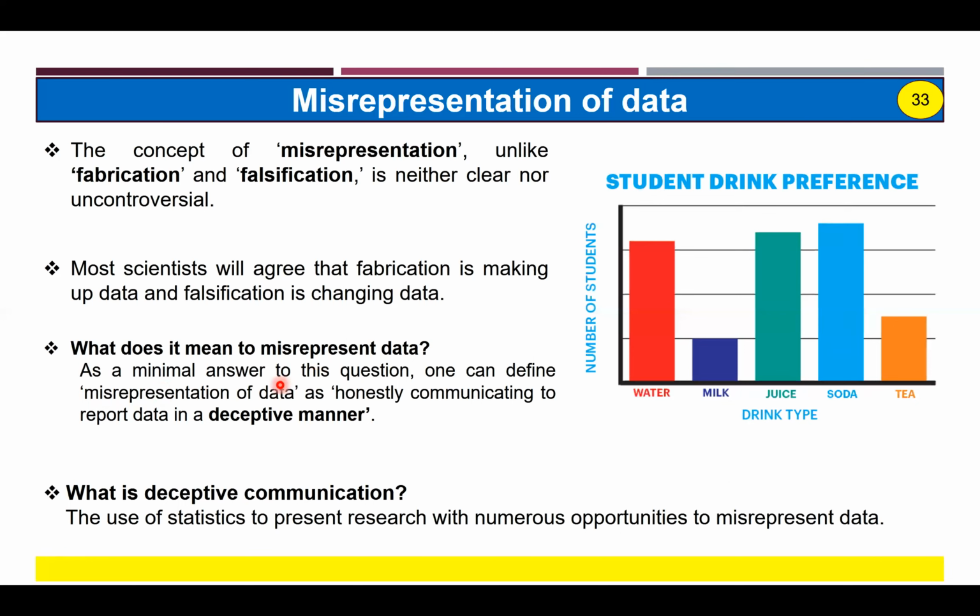As a minimal answer to this question, one can define misrepresentation of data as communicating or reporting the data in a deceptive manner, right? So what is a deceptive manner? It means scientists presenting research have numerous opportunities to misrepresent the data.